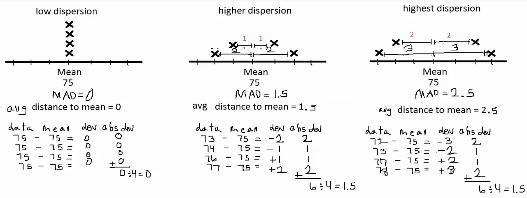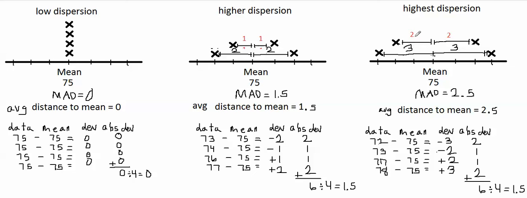Now, in order to change these deviations to absolute deviations like they are here, we have to take off the negative signs. Because right here we have the values that are deviations that actually show whether a person is below or above the mean. Because remember, this person is 2 below, it's -2. 2 above is +2. 3 below is -3. 3 above is +3.